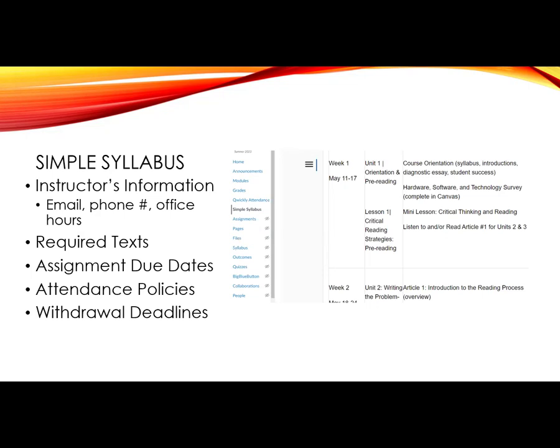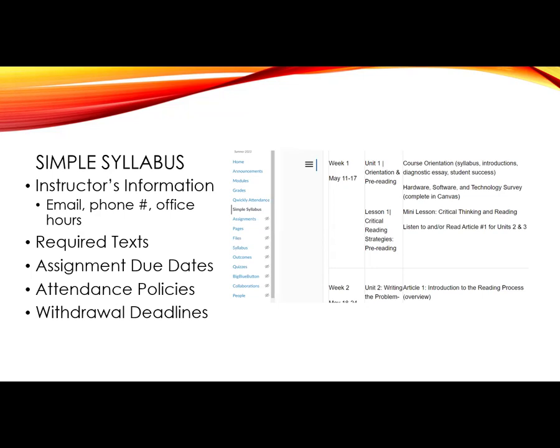Becoming familiar with this information will help you successfully contact your instructor in case you have a question, a problem accessing or submitting an assignment, or a personal situation that you'd like to make your instructor aware of, such as a family emergency that'll prevent you from attending class.